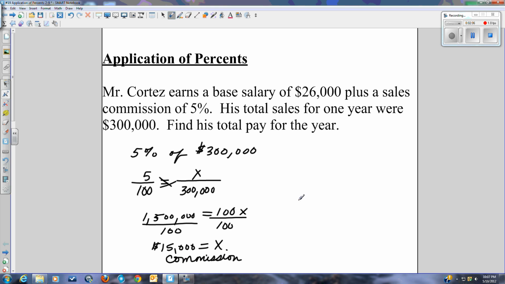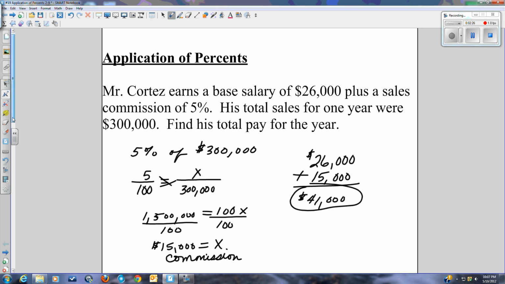And that is given on top of his $26,000. So we're going to add those two amounts together, and we find that his total pay for the year is $41,000.